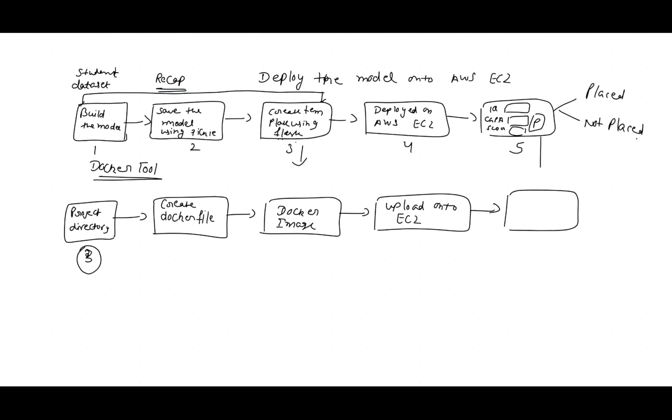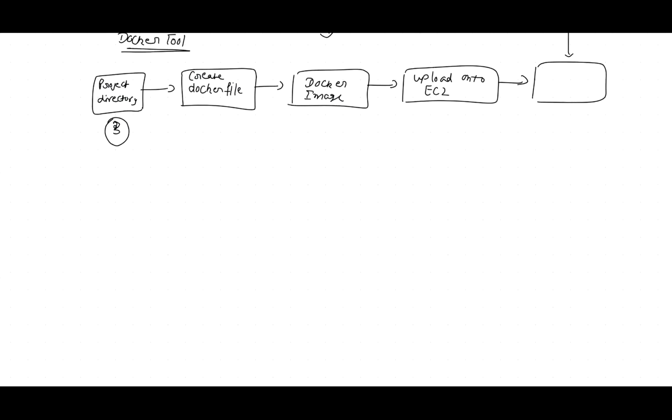That's it. The major difference is that here you needed to create the virtual environment and upload the whole directory structure under this environment for the deployment. But here you only have a single file, that is the image. And this is called an isolated environment.